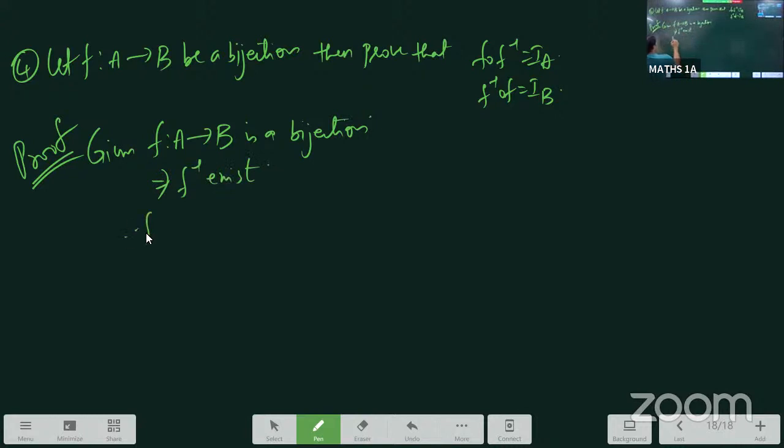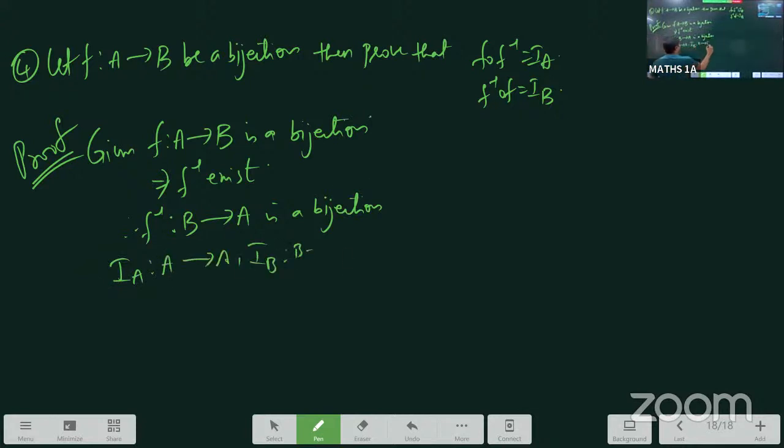Therefore, F inverse is a mapping from B to A and is a bijection. Now, IA is a mapping from A to A, and IB is a mapping from B to B; these are identity functions. Okay. Right?